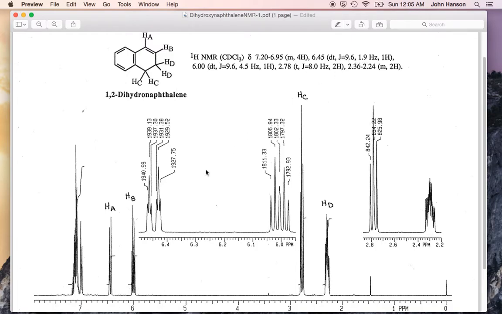So the coupling constant from HA to HB was 9.6 hertz, which is right in the range we'd expect for a cis double bond. And then we'd have our 1.9 hertz for our long range. For simplicity, when I do the splitting pattern, I'm just going to round this off to 10, and I'll round that off to 2, and we'll draw that splitting pattern.